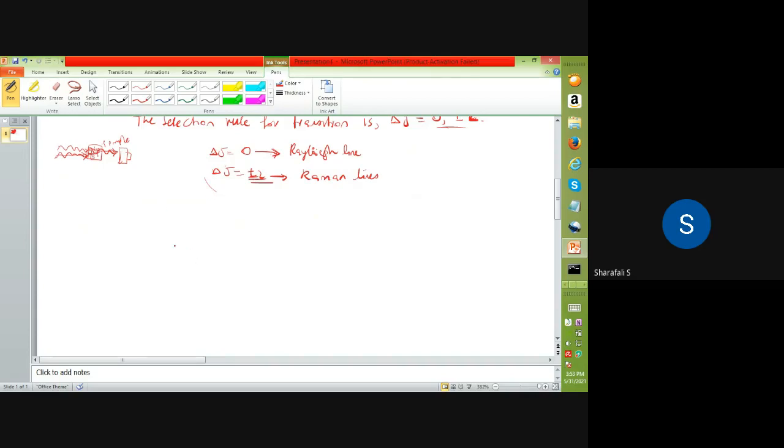And if you consider the normal case, where we take J upper minus J lower, let's consider delta J equal to J upper minus J lower.